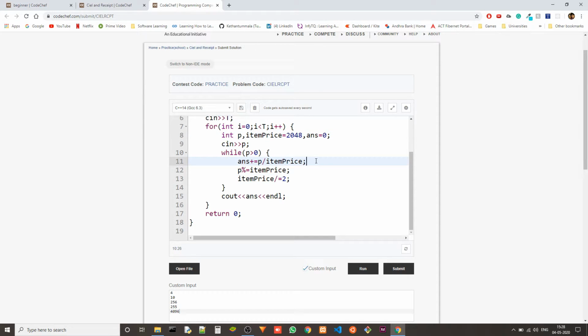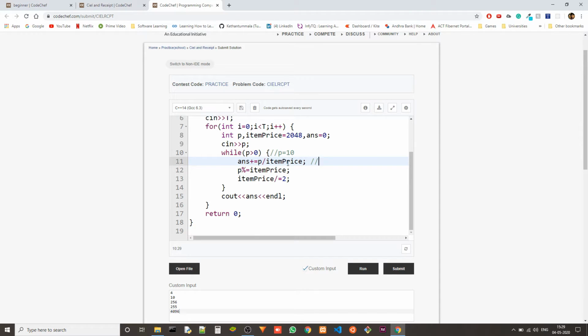I think it will be better to go through an example. Let's say we have p equals 10. p is greater than 0, so we come in. Now answer is actually 0.